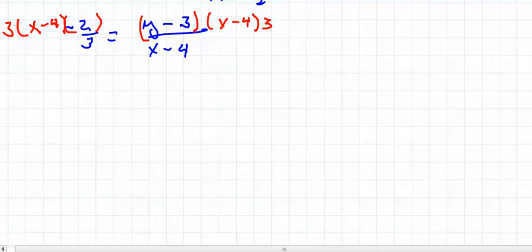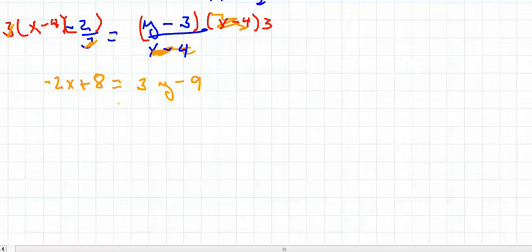All right, my 3's cancel. My x minus 4's cancel. And I end up with 3y minus 9 equals, I'm sorry, that would not be correct. 3y minus 9 equals negative 2x plus 8.